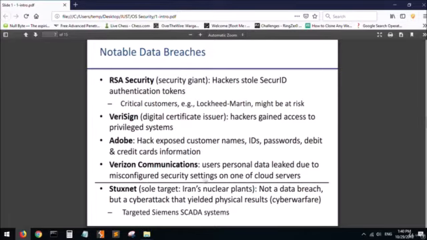Now, all of the above were very critical, but this one, Stuxnet, is very, very, very dangerous and a very critical attack. Stuxnet is a malware that was used in Iran's nuclear plants, a cyber attack that yielded a physical result, which is cyber warfare.